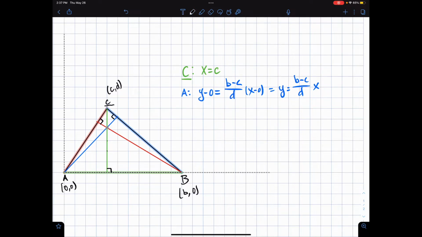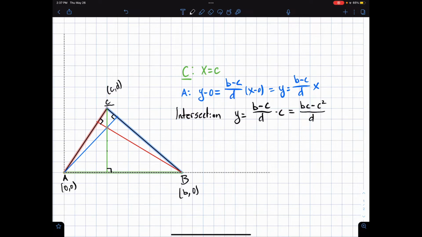So the intersection point is at y equals b minus c over d times c, or bc minus c squared over d.